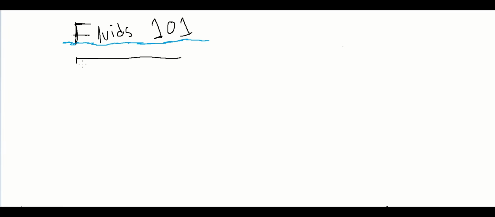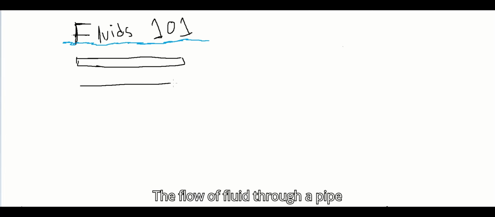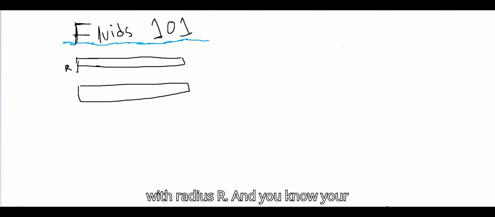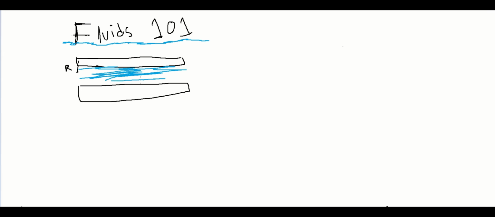So you'll see an example, something like this, the flow of fluid through a pipe with radius r, and your fluid is just moving down this pipe.